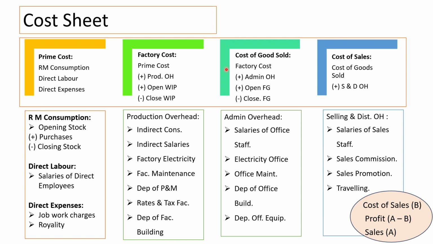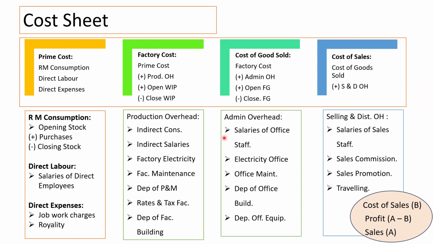To the factory cost, if we add administrative overheads, then you will get cost of production. Then if we add opening value of finished products and subtract closing value of finished products, you will get cost of goods sold. What does administrative overhead mean?